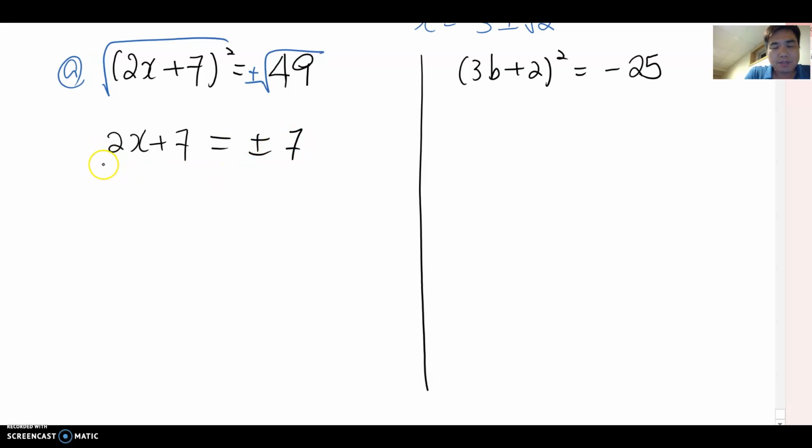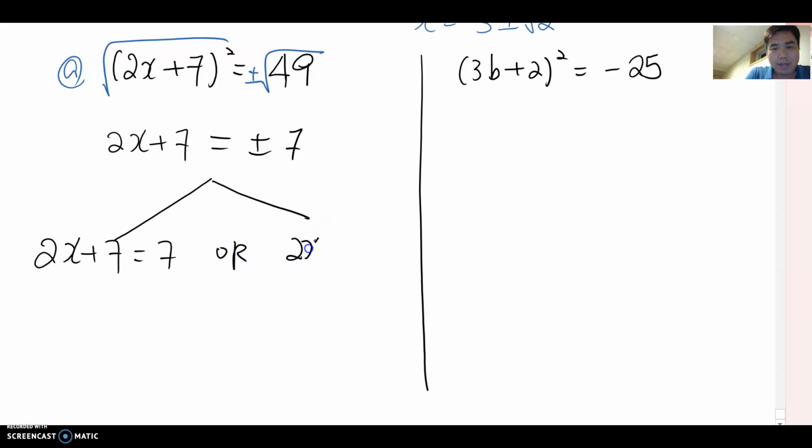Now, since this is a rational number, you can split this into two different equations. So 2x plus 7 equal to 7, or 2x plus 7 equal to negative 7, and you solve for x.